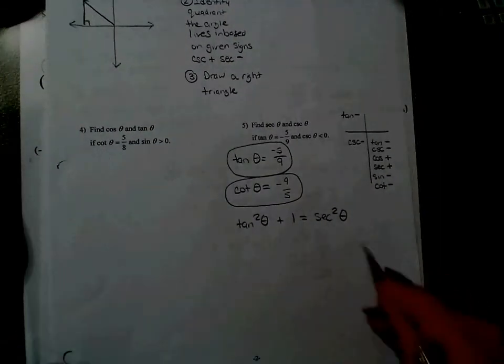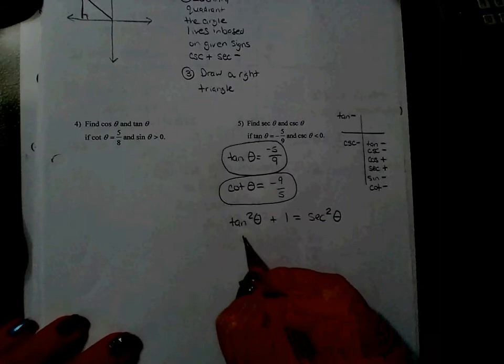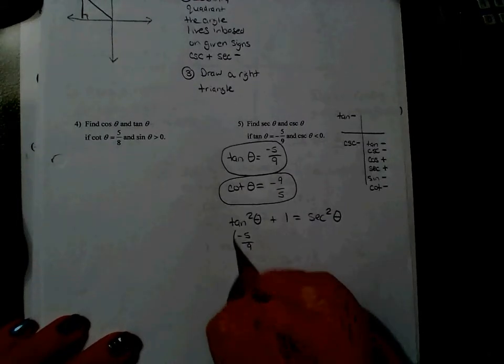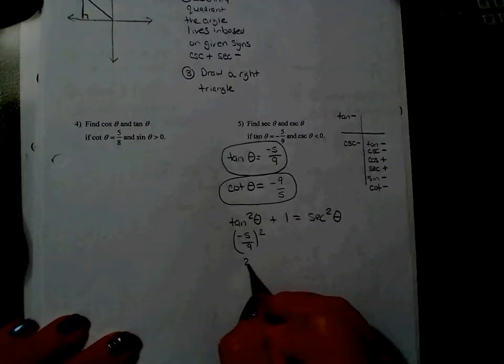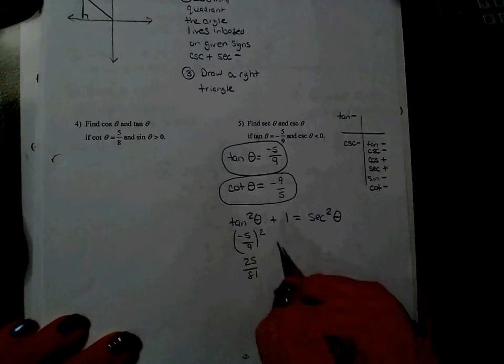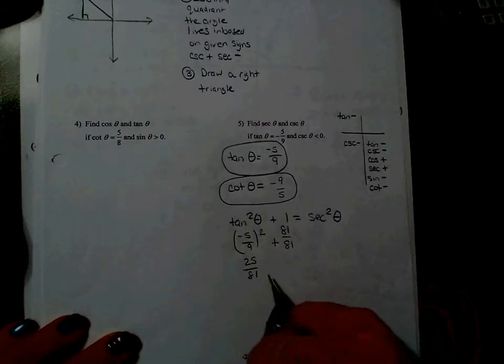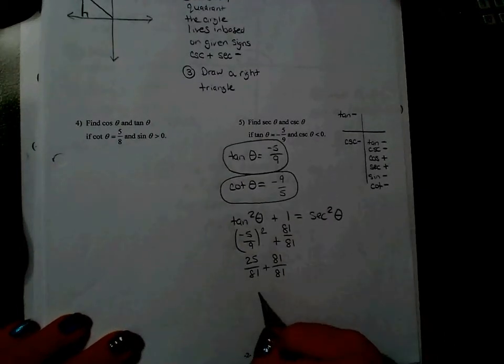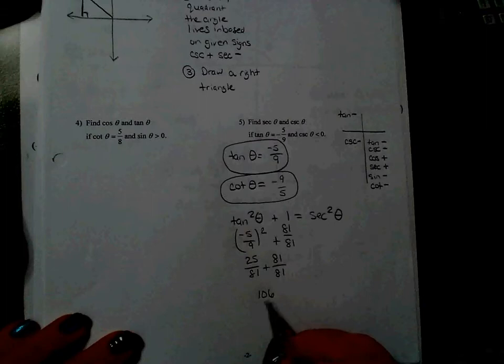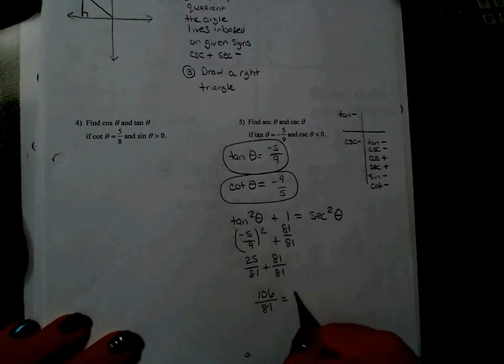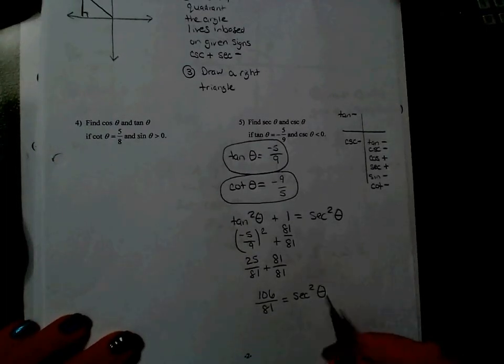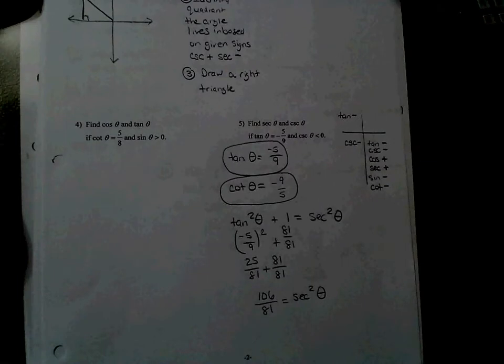Tangent of theta is negative 5/9. So when I square that, I'm going to get 25/81 plus 1, which is going to be 81/81. It's hard to say. So that's going to give me 106/81 equals secant squared theta. 106/81.